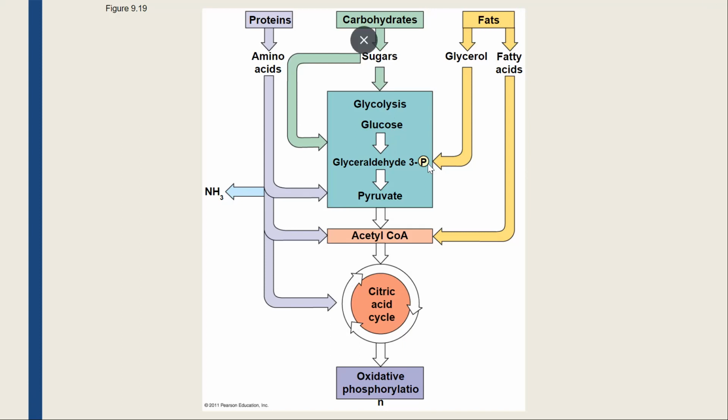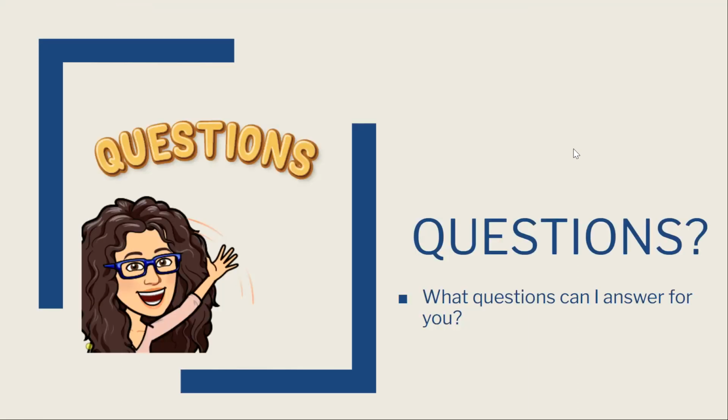Fats will get broken down and they will enter into the stages of cellular respiration in certain areas, different areas than the carbohydrates, but all of your foods, your proteins, your carbs, your fats can all be broken down and go into the stages of cellular respiration and generate energy for your cells to help make ATP. So it's not just the sugars. We just typically talk about the sugars to keep things simple, but all the foods that you eat can be used to make energy for your cells.